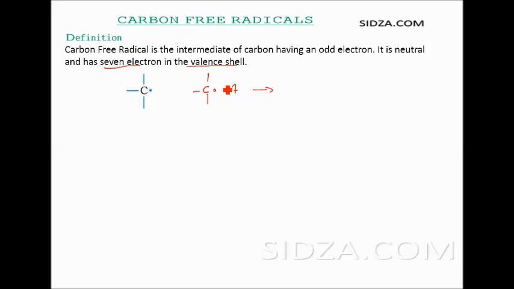The bond fission occurs so that one electron goes with the atom A and one electron goes with the carbon, and now you get the carbon with 7 electrons in the valence shell. You have here the carbon with 8 electrons. When an atom A is lost here as a free radical, you get the carbon with 7 electrons.